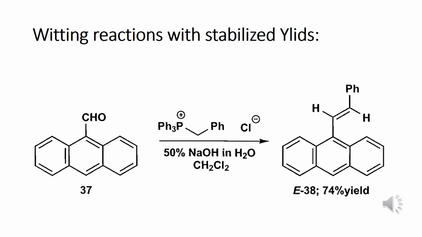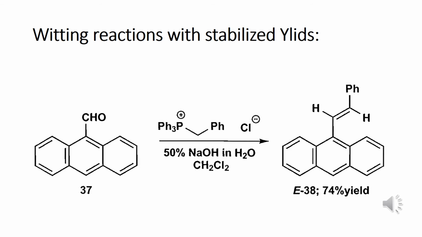Even a benzylic ylide gives the E isomer or E alkene, as in the reaction with the anthracene, that you can see here as structure 37, that gives a good yield of crystalline product, that is 38, having a coupling constant between the two marked Hs of 17 Hz.